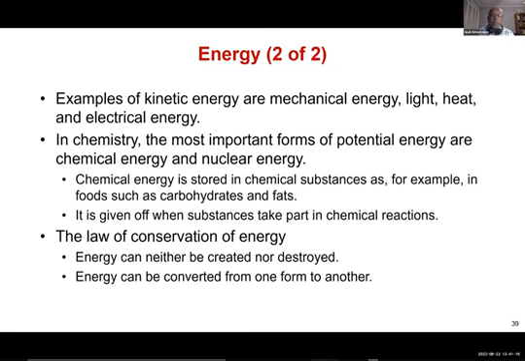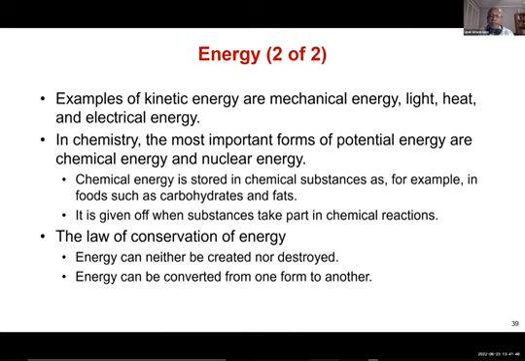One of the important things about energy is it follows the law of conservation of energy. Energy can neither be created nor destroyed is the law of conservation of energy. That means energy is already here.